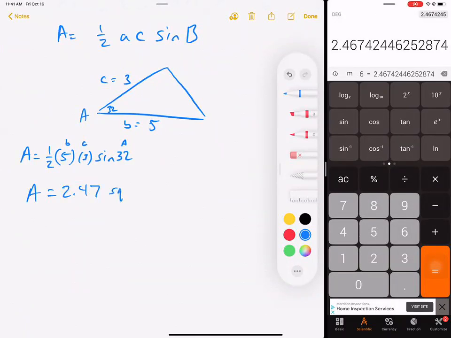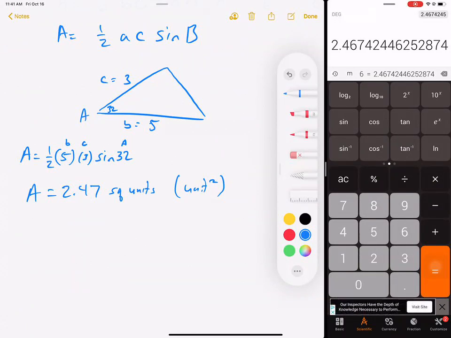When we write square units, or units squared, you can write that too. Tell me, plugging that into a calculator is hard. With the amount of calculator work that we've been doing, this is not a hard problem. This is just a hard setup.